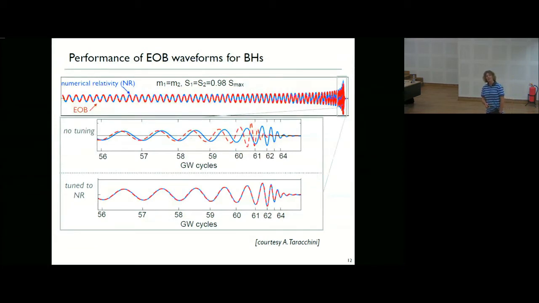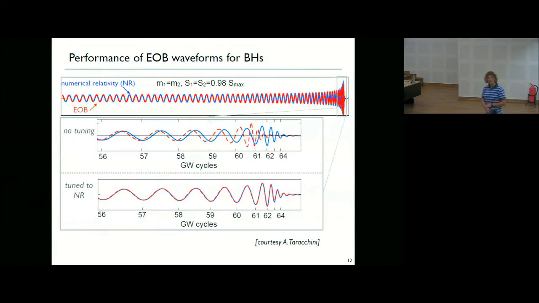And so once you tune this model, by construction it agrees very well with numerical relativity. Although I should say that this model was not tuned to this exact waveform, but to a fairly similar one, because for equal masses there are many simulations. Okay, so this is how information from numerical relativity is also included.